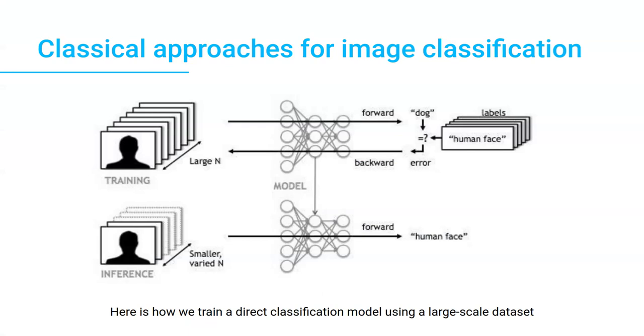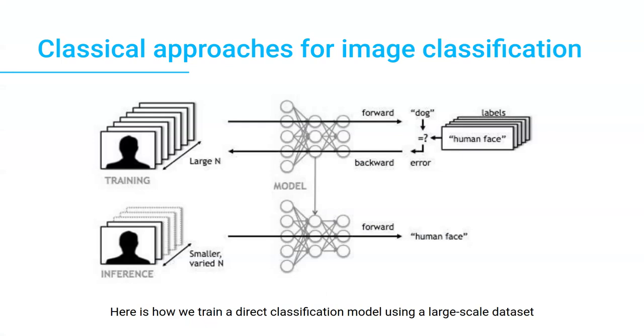First of all, let's review how the classical approach may be applied to solve such a classification task. Usually, it is solved by training an end-to-end model, which consists of two parts, namely a feature extractor and feature classification.